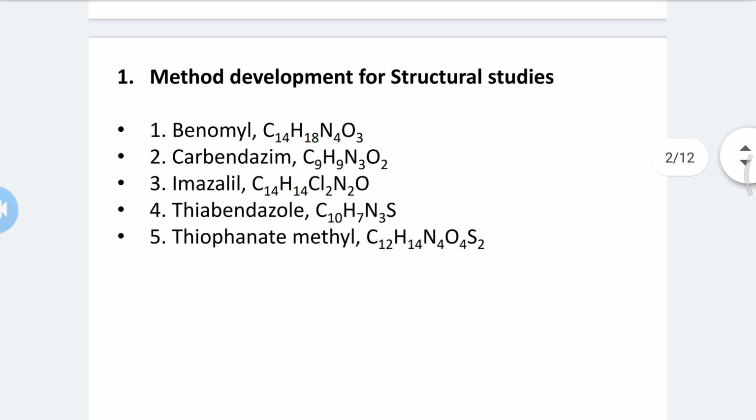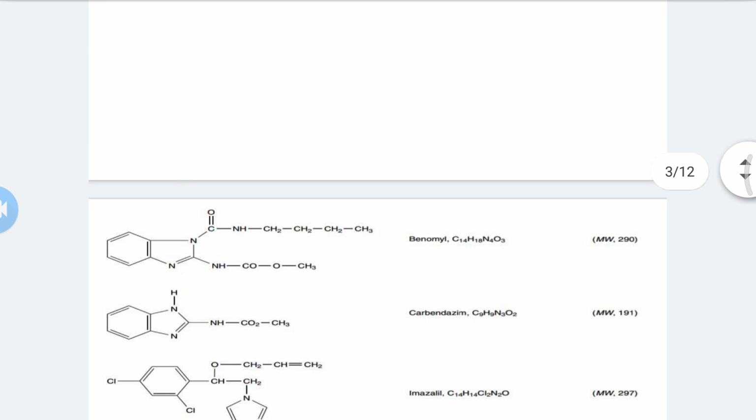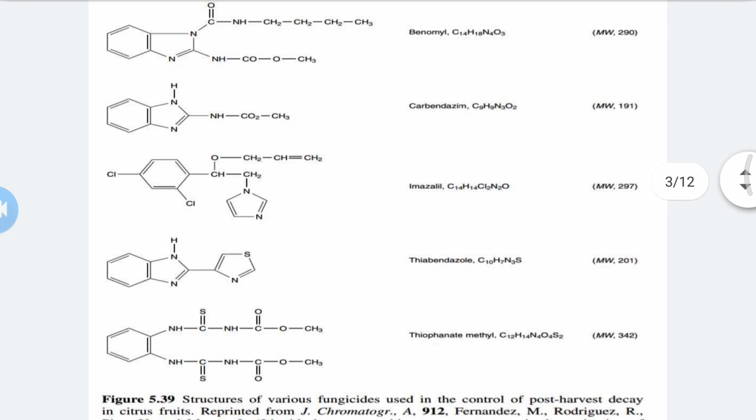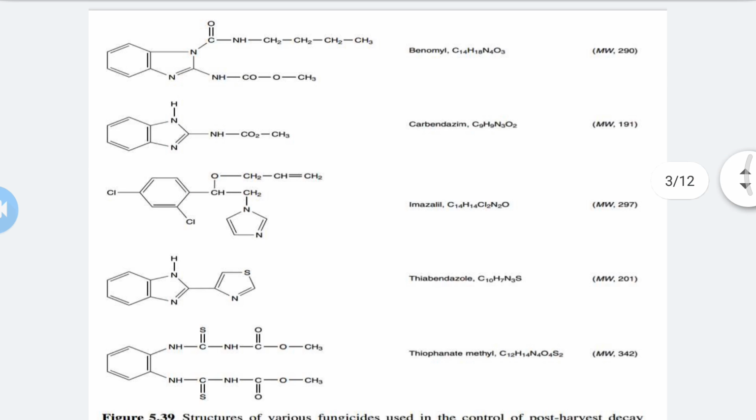The APCI and electron spray ionization spectra show that for these 5 pesticides, molecular ion formation and their intensities are cone voltage dependent.